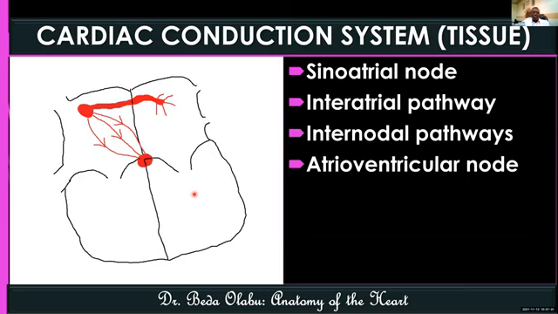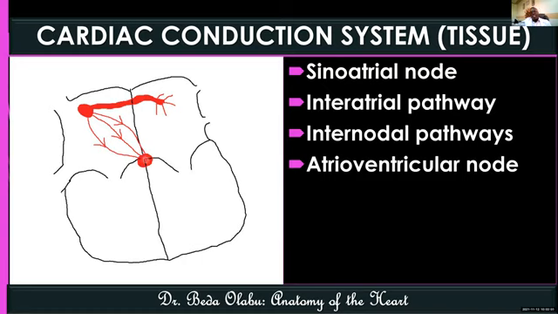In that case, you don't want the atria and the ventricles to contract at the same time. You want a situation where, when the atria contract, the ventricles are in relaxation so that it can allow for ventricular filling.